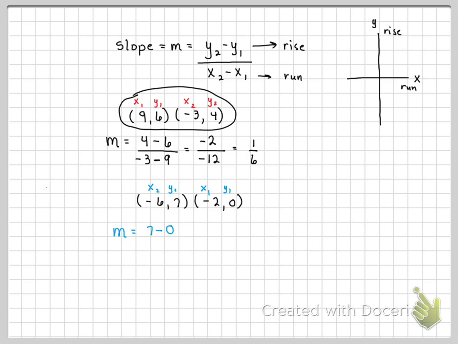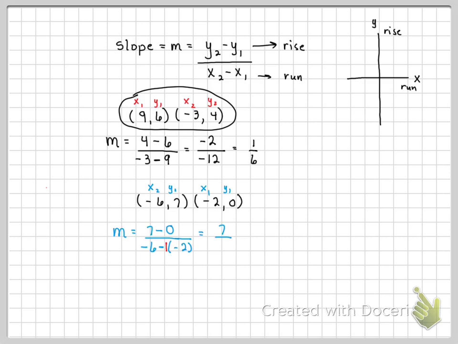So y2 minus y1, x2 is negative 6, and x1 is negative 2. So 7 minus 0 is 7, and negative 6 minus a negative 2. Remember that that is like distributing a negative 1 into a negative 2 by multiplication.